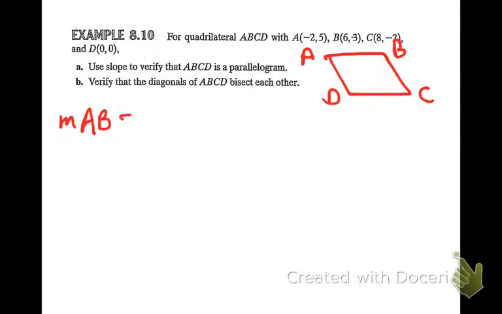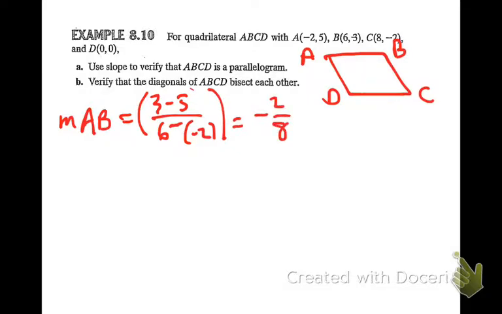Let's plug in. So we have 3 minus 5 over 6 minus a -2. That equals -2 over 8, which is -1/4.